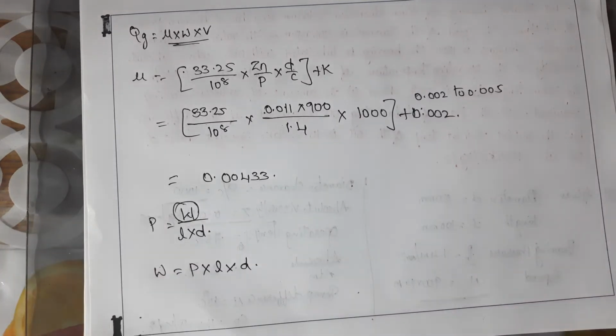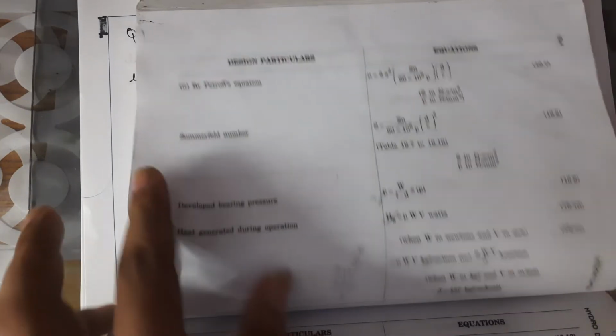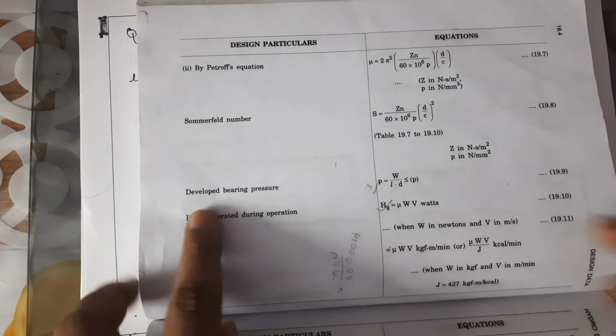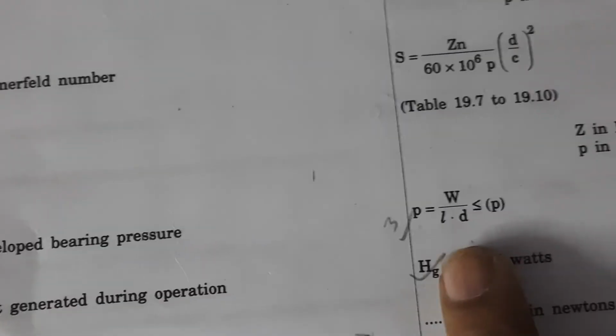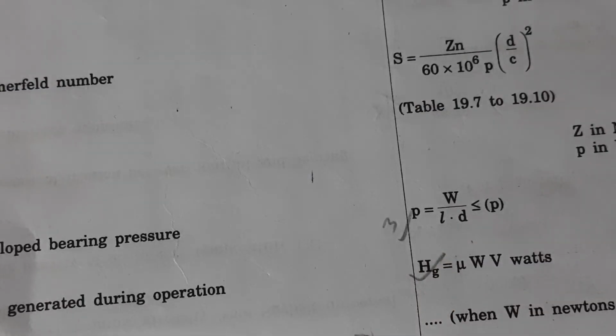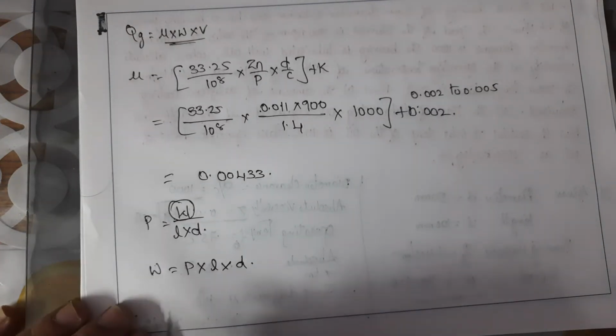The bearing pressure formula is in page number 19.4. Developed bearing pressure P is equal to W by L into D. So this is the formula we are having. Just substitute the values.